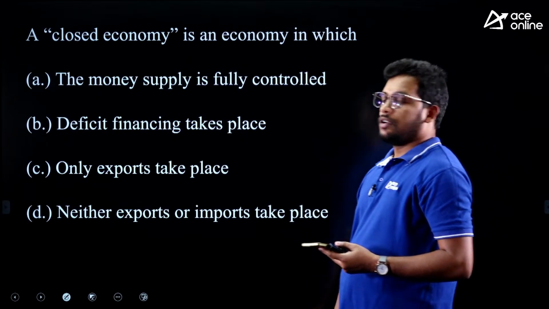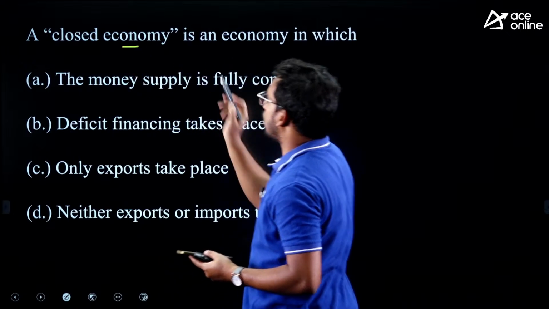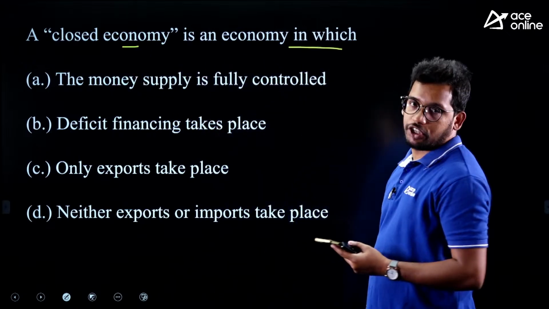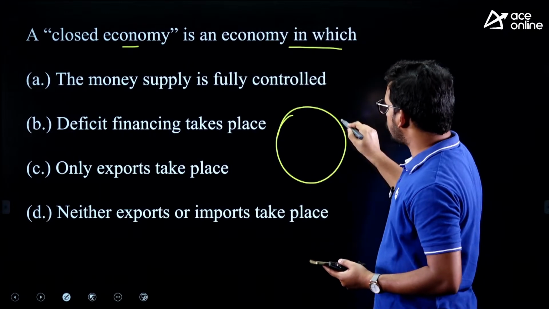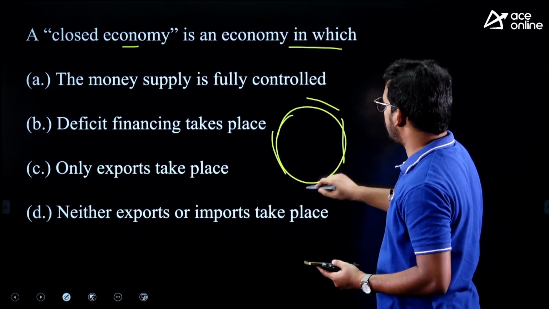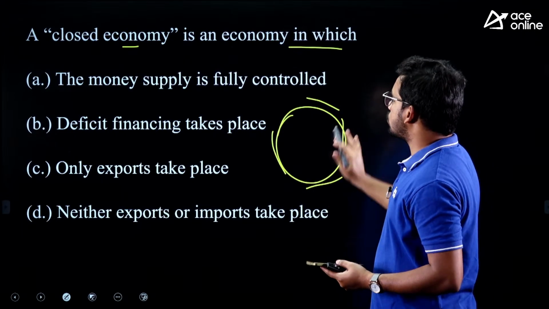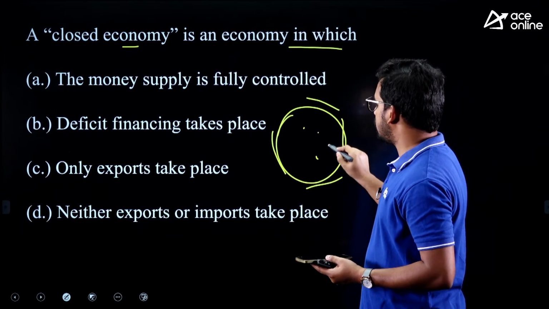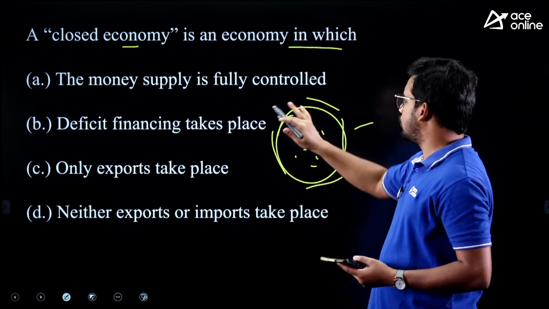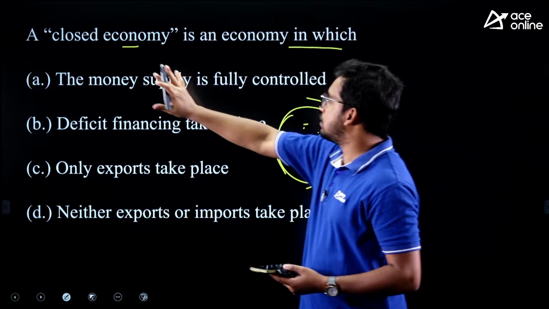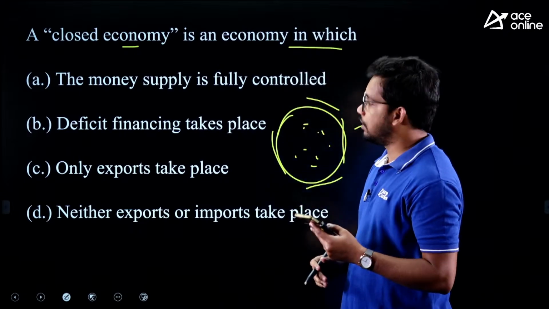Next question. A closed economy is an economy in which? Closed economy means a country's economy which has closed its borders. So we are not allowing anyone, right? It is carrying out all the activities within India itself. We are not allowing any imports, exports, or external markets. So what does closed economy mean, they are asking.